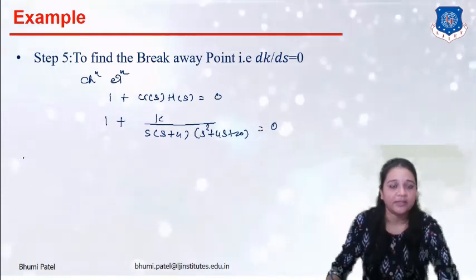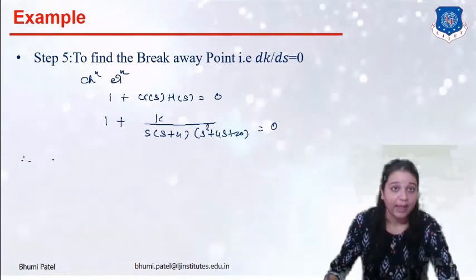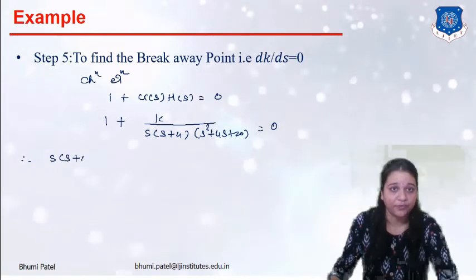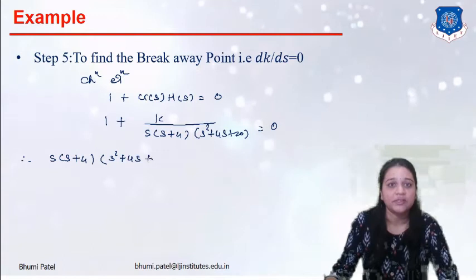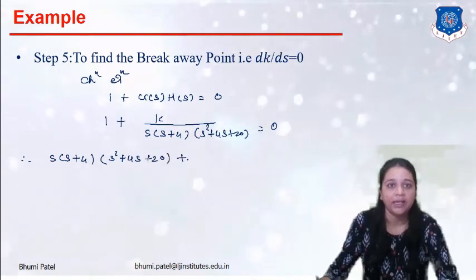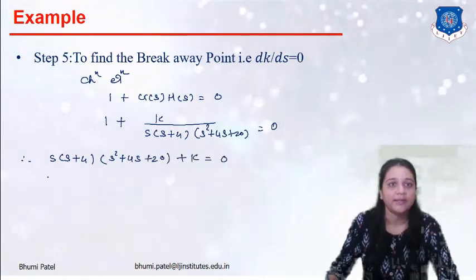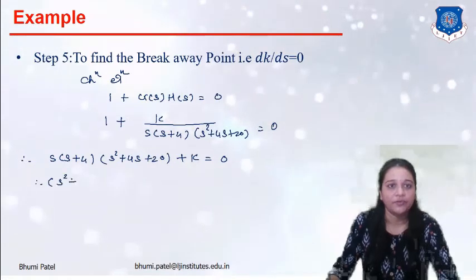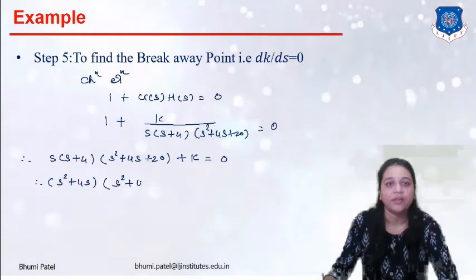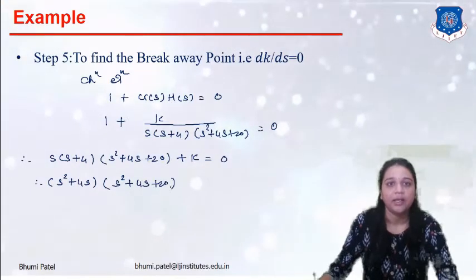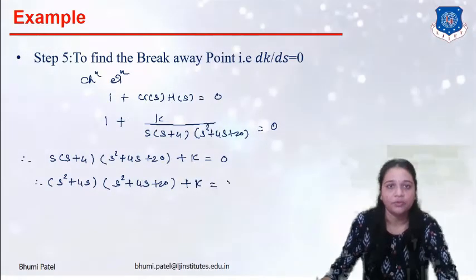Now simplify this equation, we can get (s plus 4)(s square plus 4s plus 20) plus k is equal to 0. That means (s square plus 4s)(s square plus 4s plus 20) plus k is equal to 0.